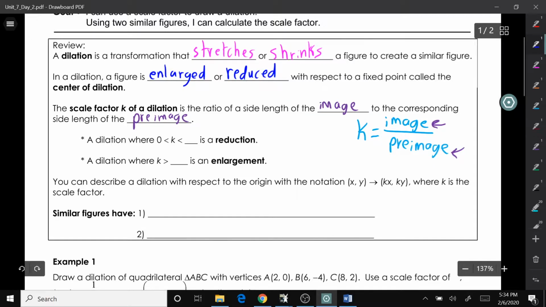So a dilation where k is between 0 and 1 is a reduction, and a dilation where k is larger than 1 is an enlargement.